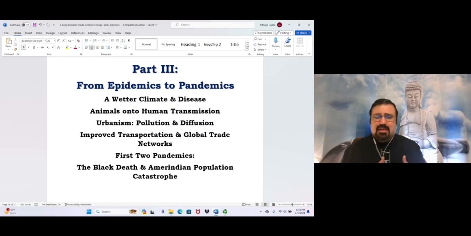And epidemics as such are also the byproduct of urbanism. So we have weather and climate on one hand, but we also have the animal factor, domestication. But massive outbreaks of epidemic disease occur precisely in areas where we find high concentrations of populations.